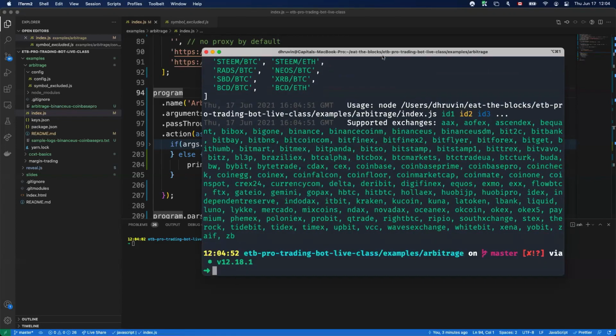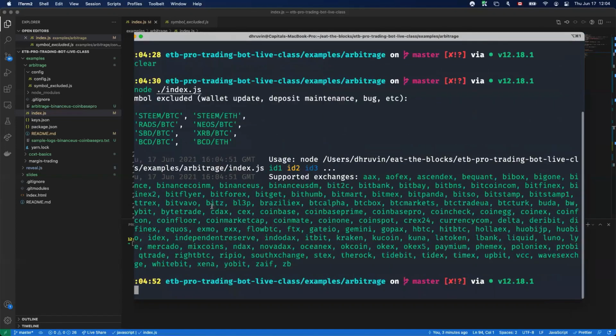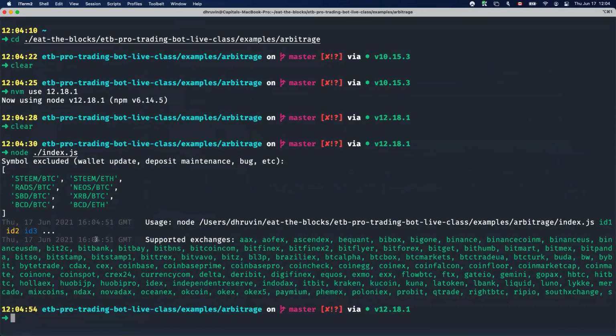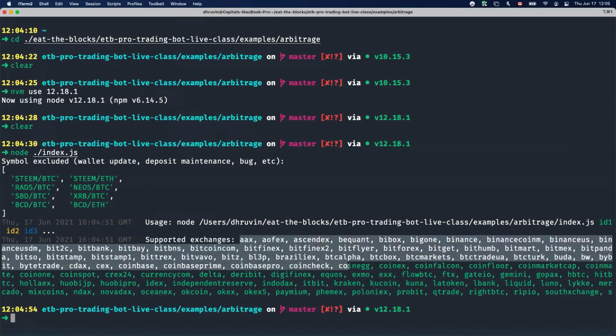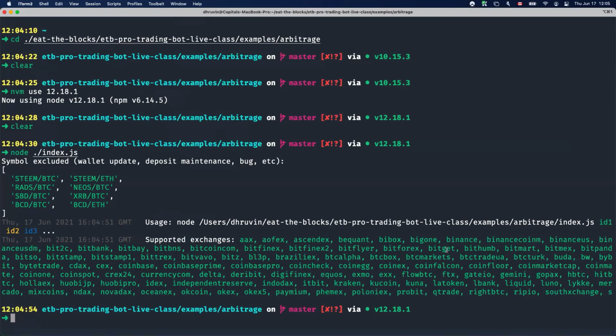Once you run this project, you will get something printed on the console, and I will go through each and every line that makes this possible. So this CLI tool expects you to supply supported exchanges. This is a list of all the exchanges which are supported by the bot which I'm creating, right?